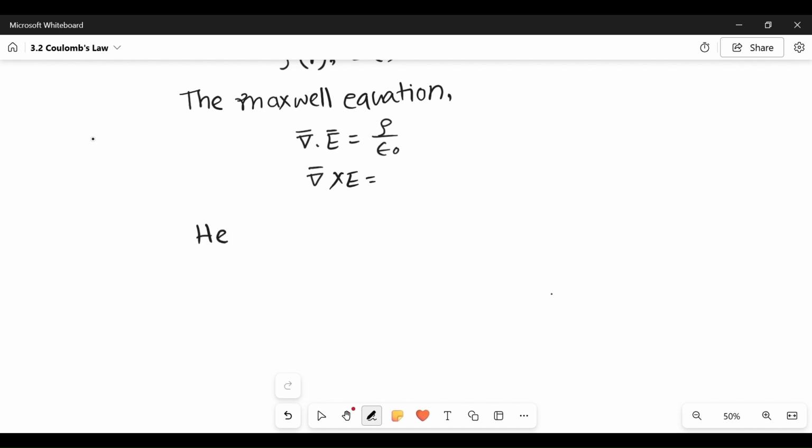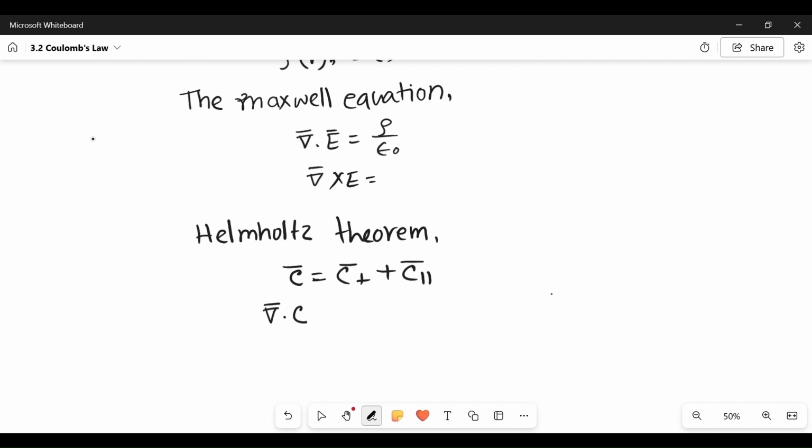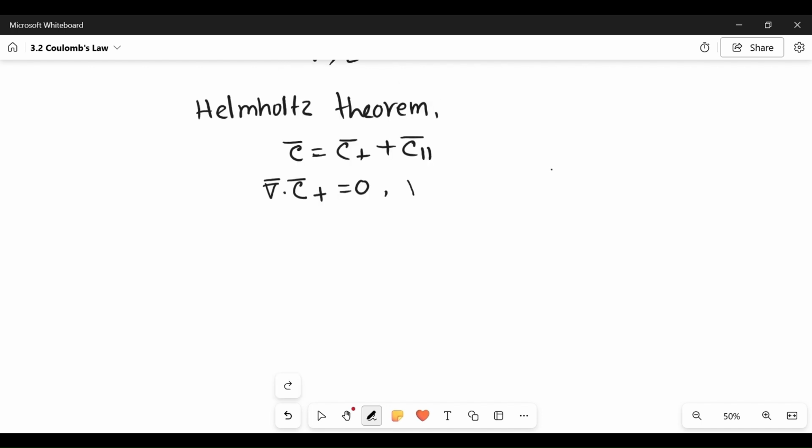And there is a theorem called Helmholtz theorem, and the theorem says that a vector can be decomposed into two parts. One part is with zero divergence and one with zero curl.